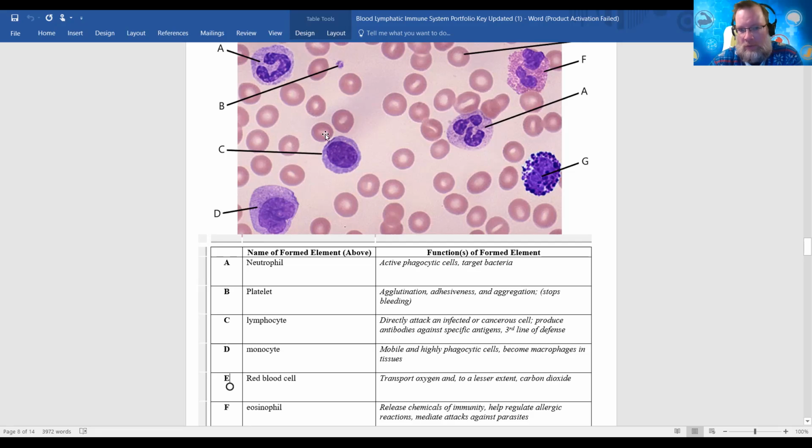You can see they're a little bit bigger, but lymphocytes also have that enormous nucleus. So they're the second most numerous of your white blood cells. So these neutrophils up top, letter A, and then these lymphocytes, these are going to be the most numerous.